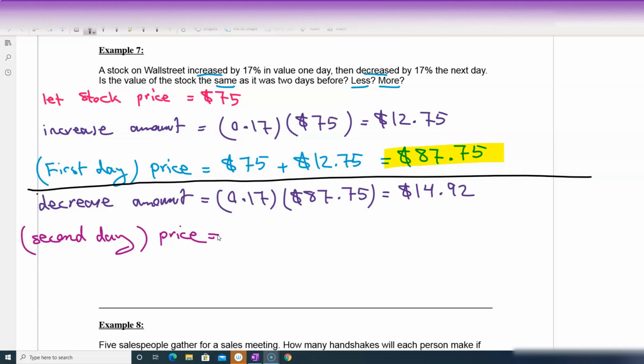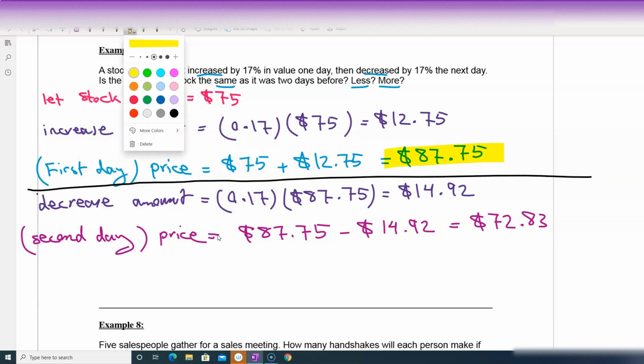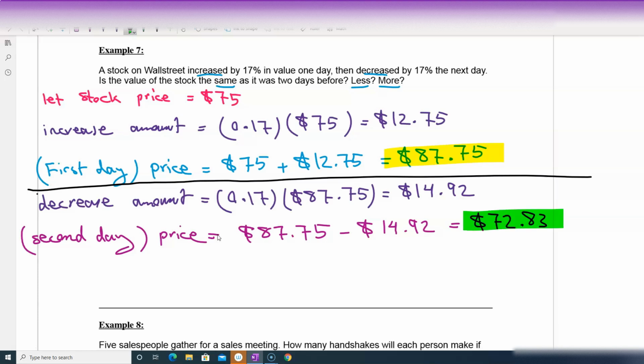So the price on the second day: subtracting this much money from what the price was. So it's 87.75 minus 14.92. That is $72.83. So here is what we got on the second day.